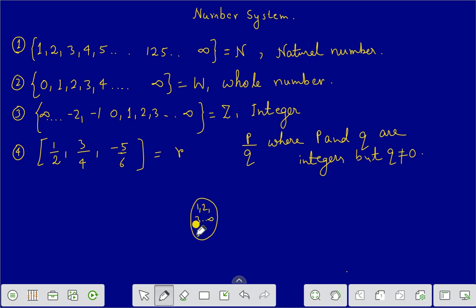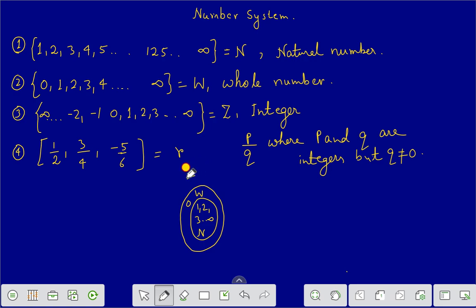The natural numbers are counting numbers, and natural numbers are part of whole numbers like this. If we write 0 together with the natural numbers, we get W, that is whole number. This is natural numbers, this is whole numbers.